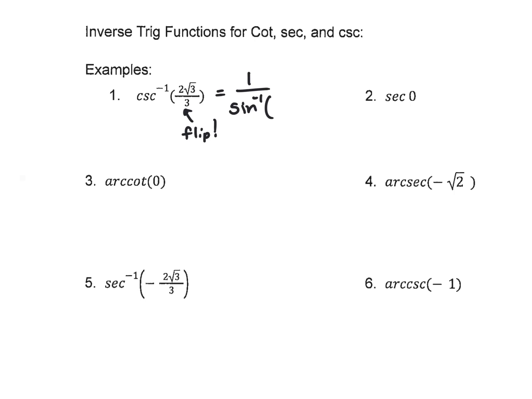So if we flip that over, we get what? 3 over 2 root 3. And if we simplify that, what value on the unit circle do you think that's going to simplify to?